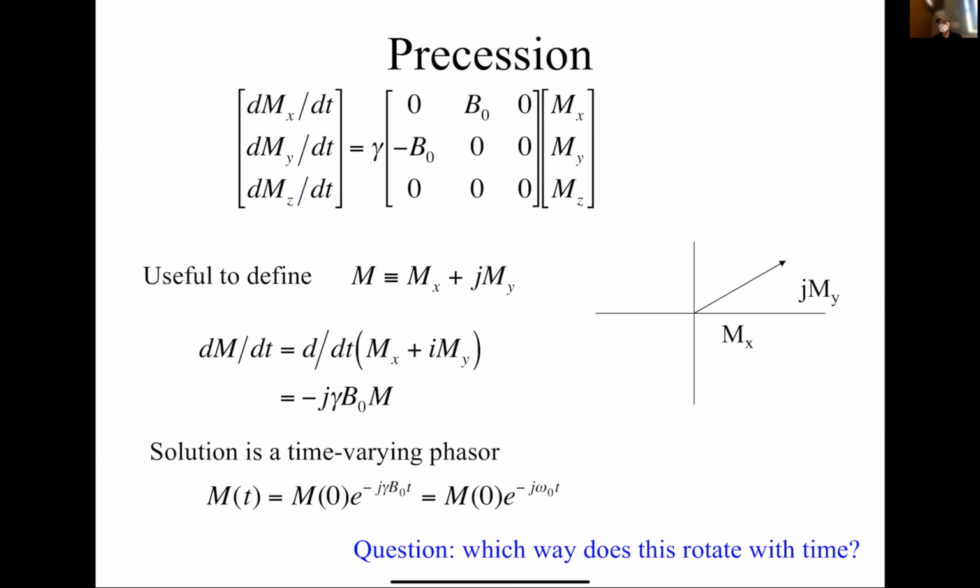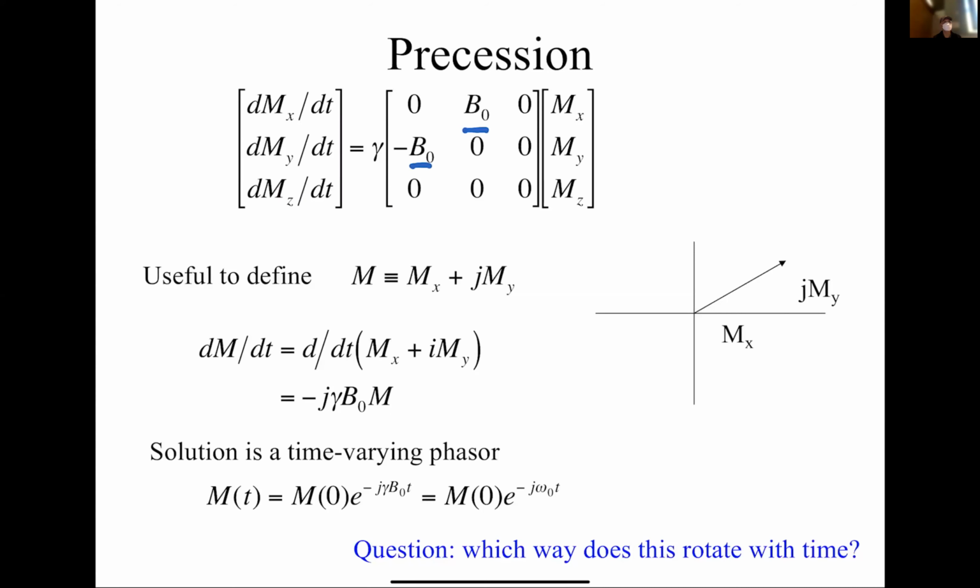Okay, so what we're going to do is look at precession when there's only, so we're going to assume this is the picture. We have our B0 field, we apply a B1 field to excite the magnetization, and then we turn the B1 field off. So now the only field left is the B0 field. We're going to describe precession, and now we only have these B0 terms here.